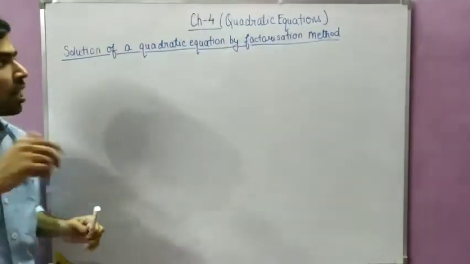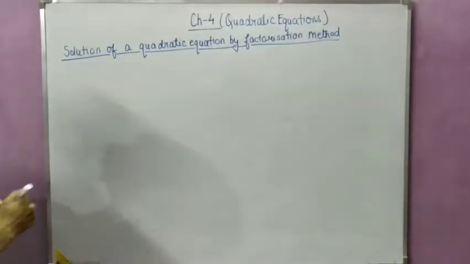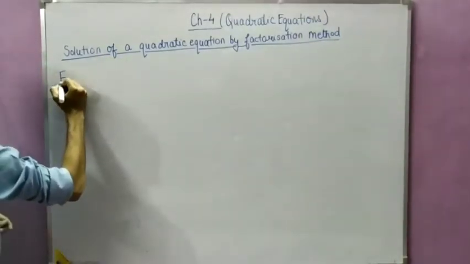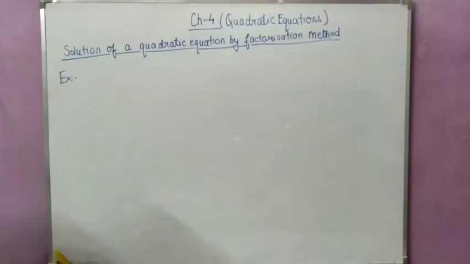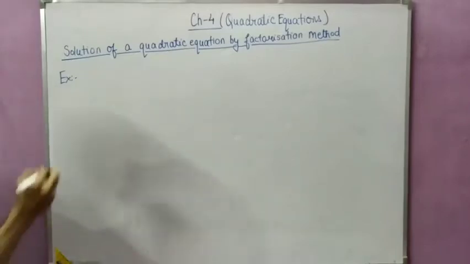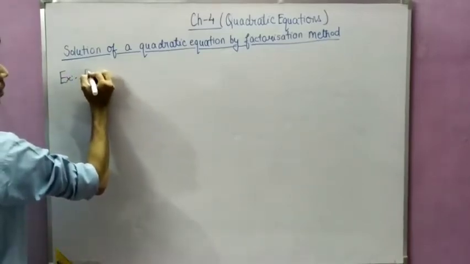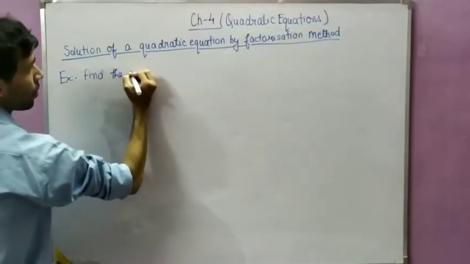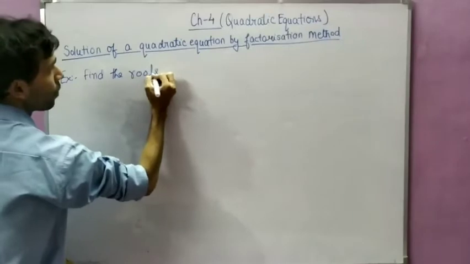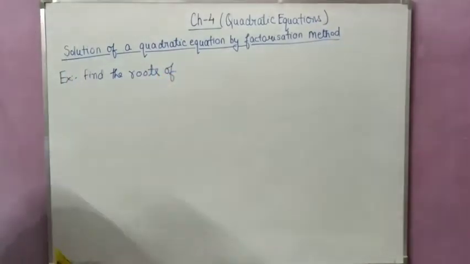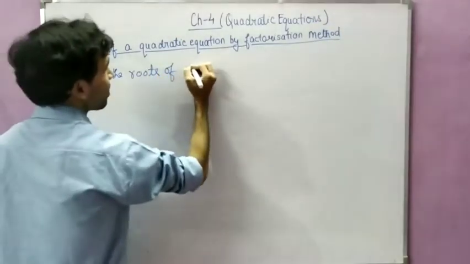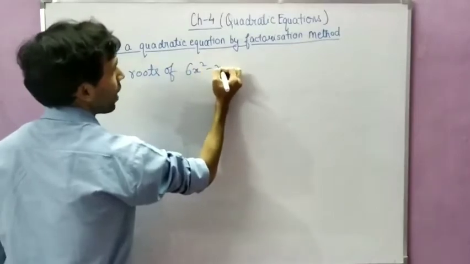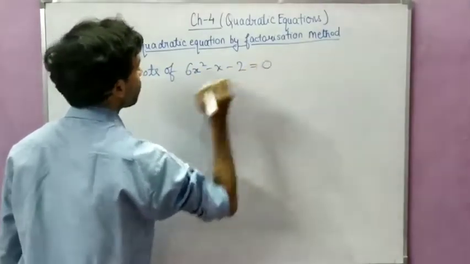Okay, so let's start with one example. Suppose I am writing one example: find the roots of 6x square minus x minus 2 equal to 0.